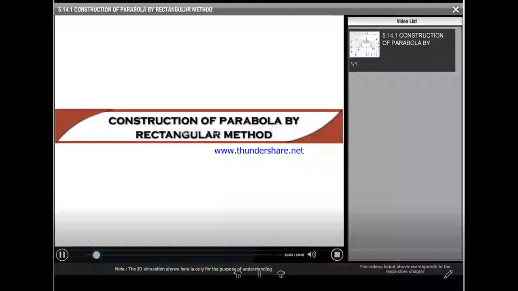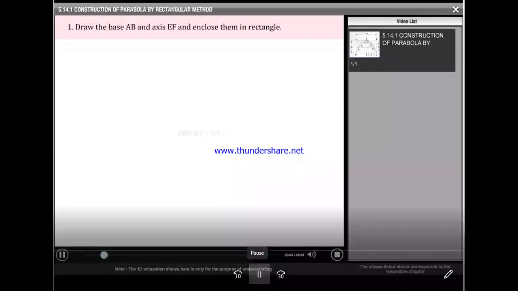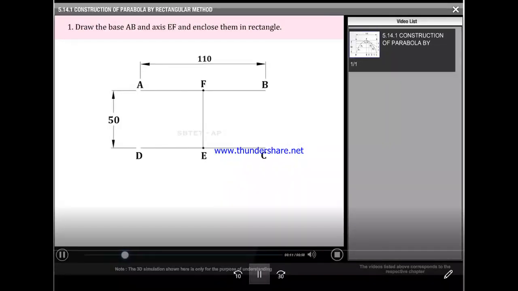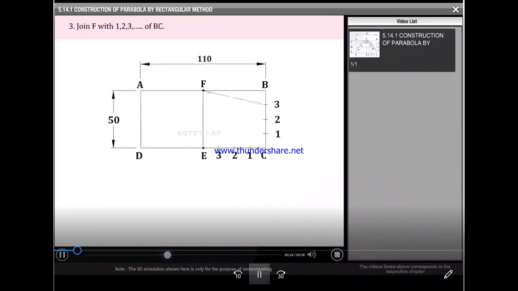Parabola by rectangular method. Draw the base AB and axis EF and enclose them in a rectangle. Divide BC and EC into any number of equal divisions and name them 1, 2, 3, etc. Join F with 1, 2, 3 of BC.